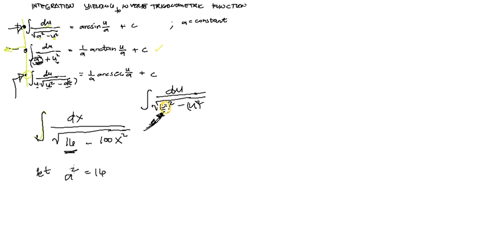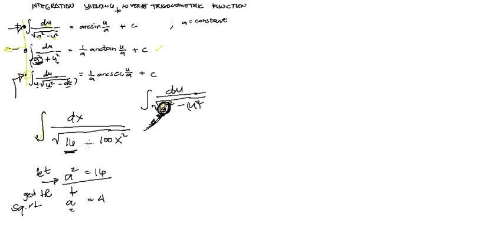This is only by getting the square root of this. After getting the square root of a squared, we have a. So we can now get the value of our a. Then the square root of 16 is 4. Okay, so we have now determined the value of our a.